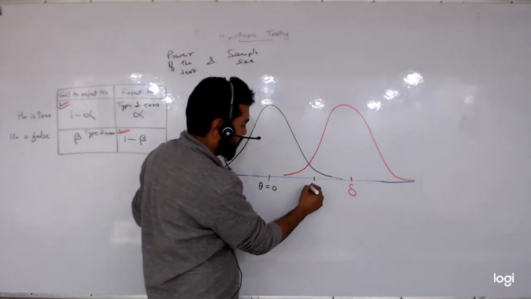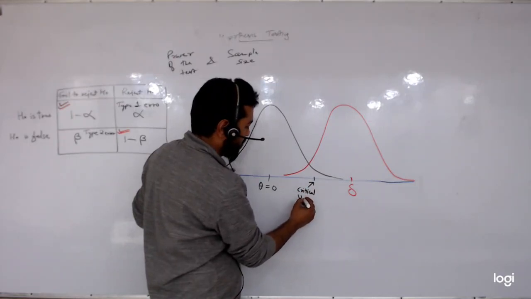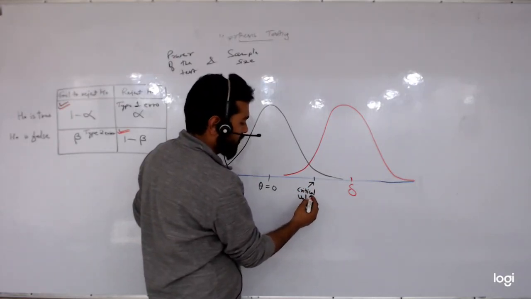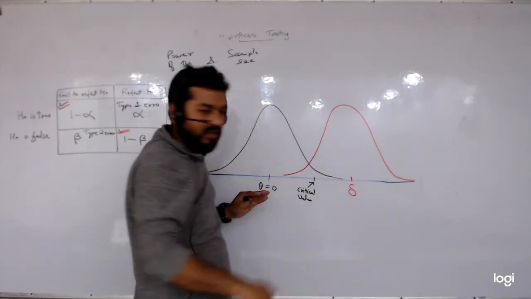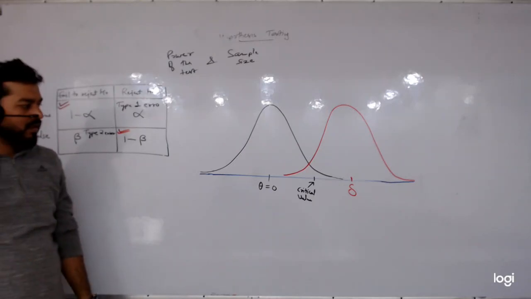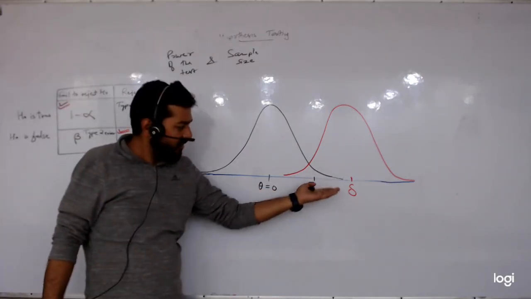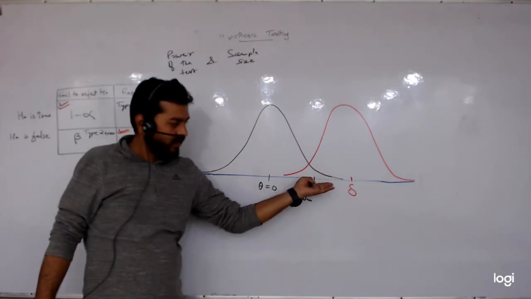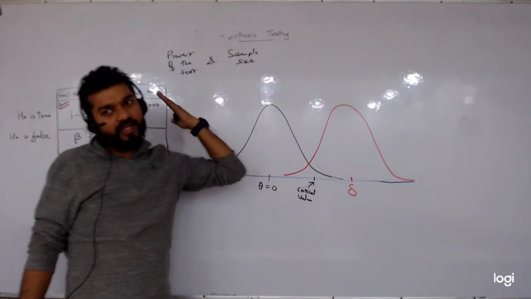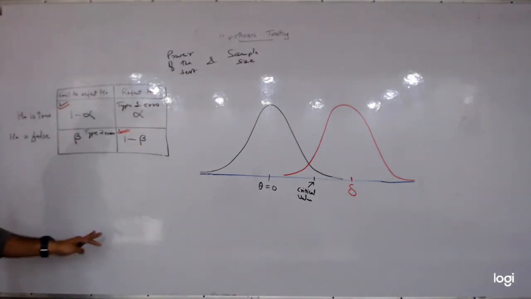Say this was our critical value and to the right the rejection region. This is our procedure. Ideally, then the value calculated using the sample should lie here, somewhere close to here, and we should be able to reject H naught.